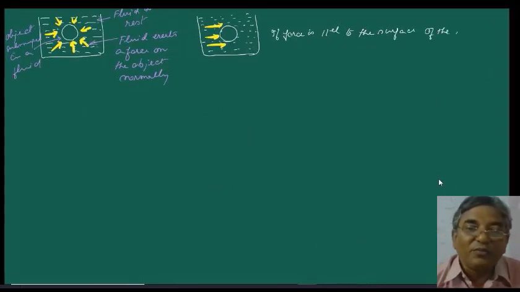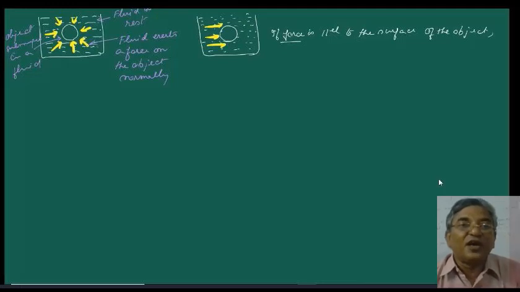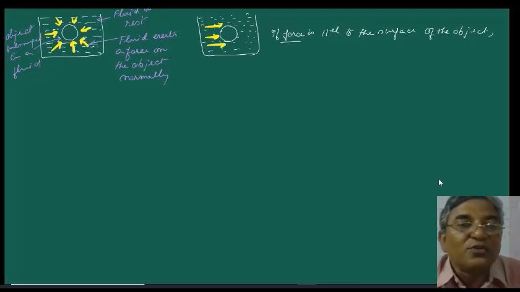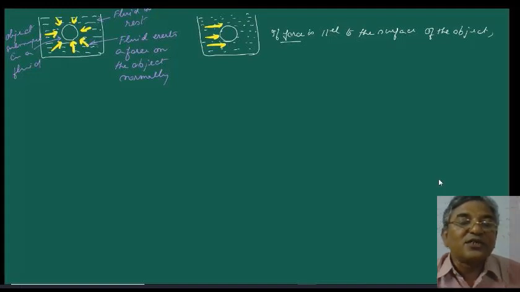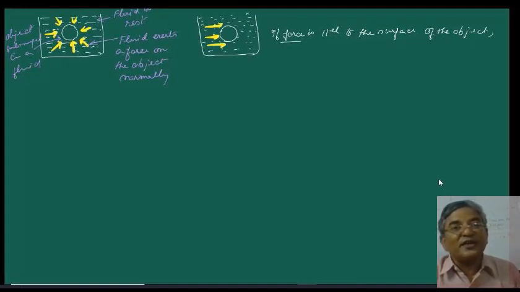So let us now think about a ball which is submerged in a bucket filled with fluid. We can see that the ball, immersed in that fluid, experiences pressure from the fluid which is normal to its surface.